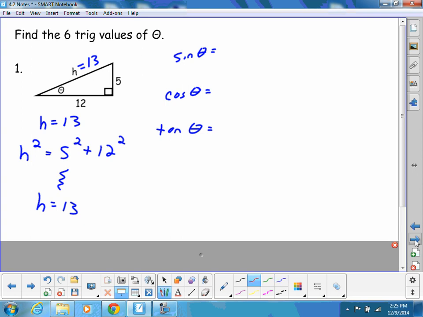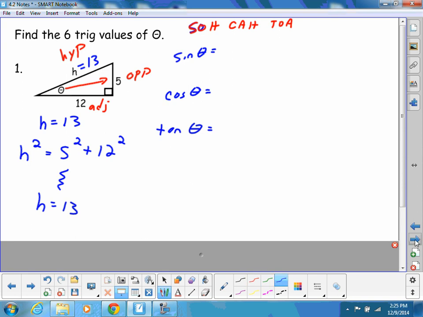Oh, well, from theta, my 13 is the hypotenuse. From theta, 5 is opposite, and 12 is adjacent. So now I just remember what's going on. Oh, if I think about SOHCAHTOA, let's do red. If I think about sine is opposite over hypotenuse, cosine is adjacent over hypotenuse, tangent is opposite over adjacent. I just pull the stuff off.